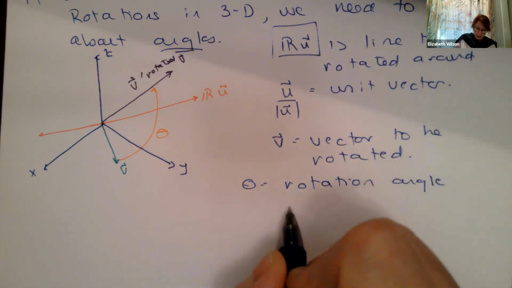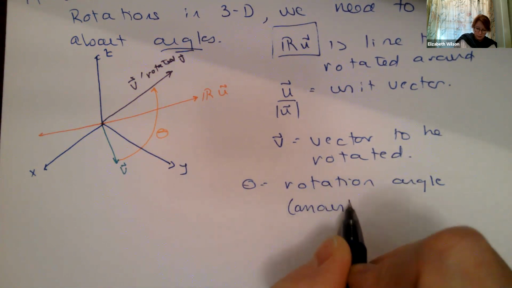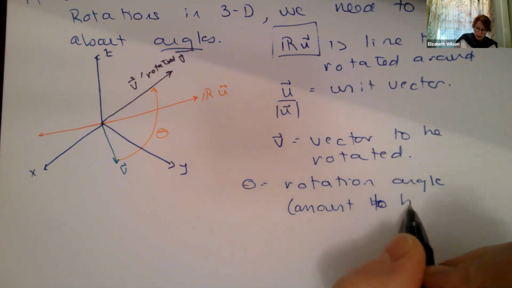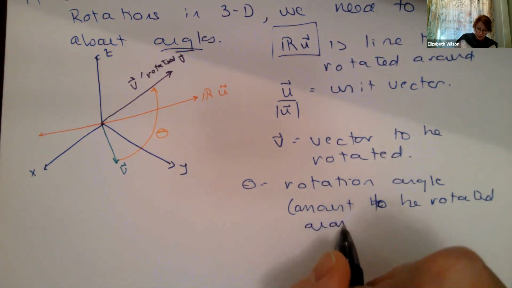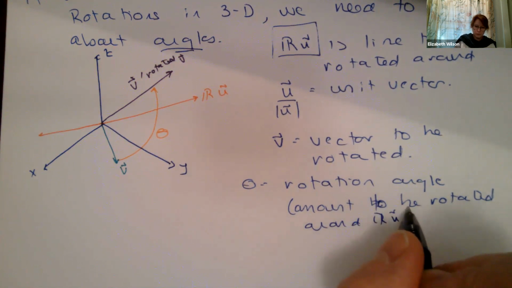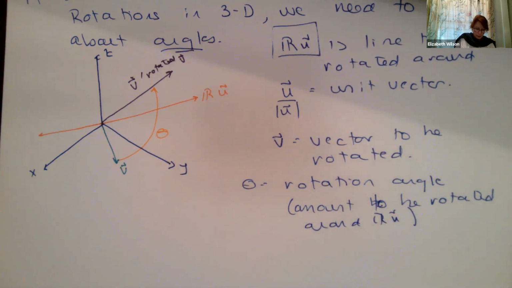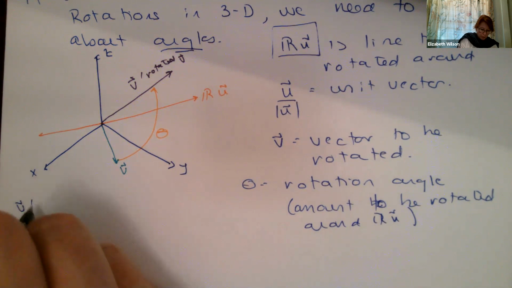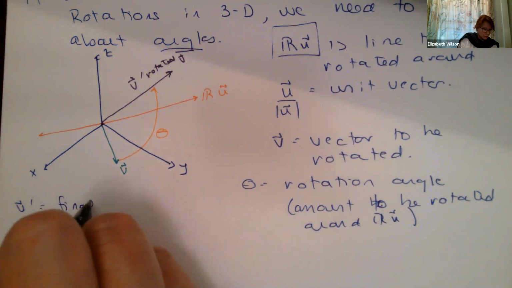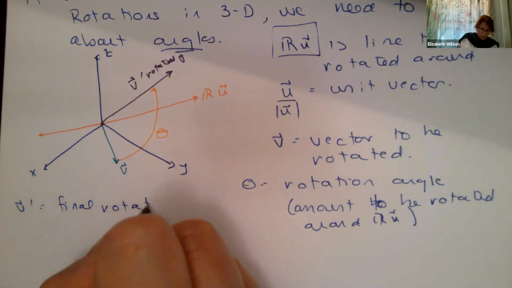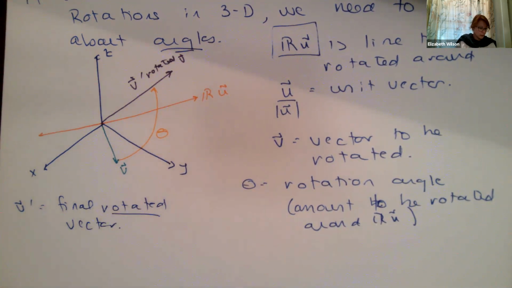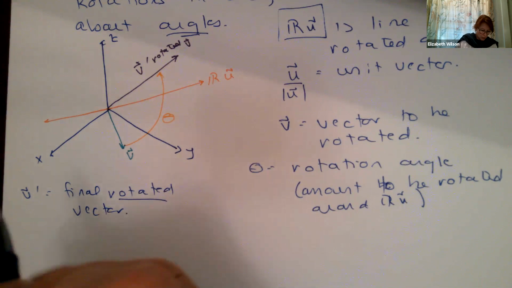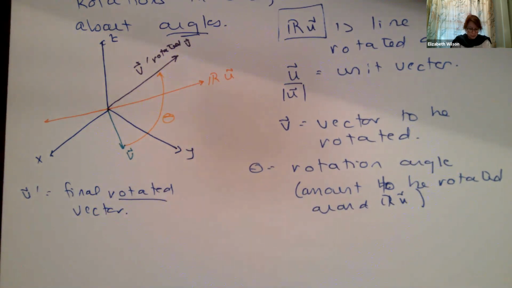This is the amount to be rotated around RU. V prime is our final rotated vector.